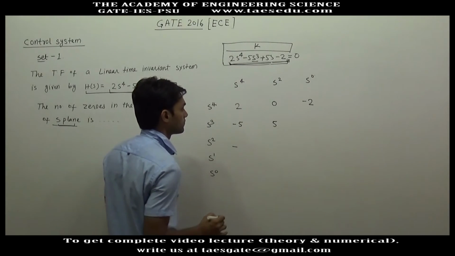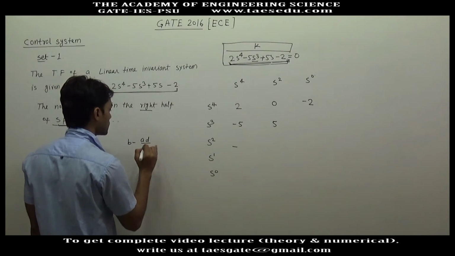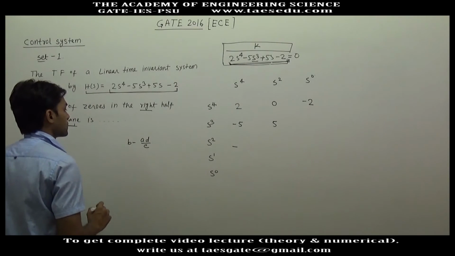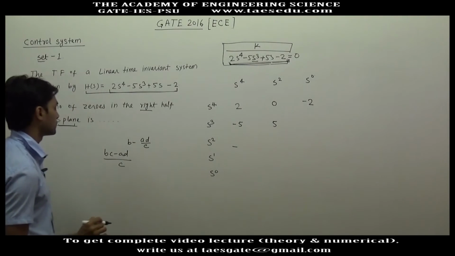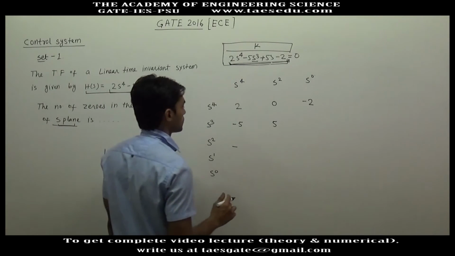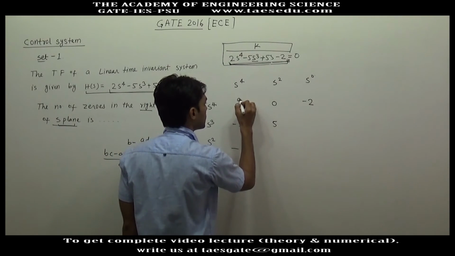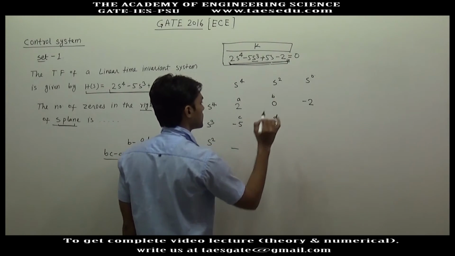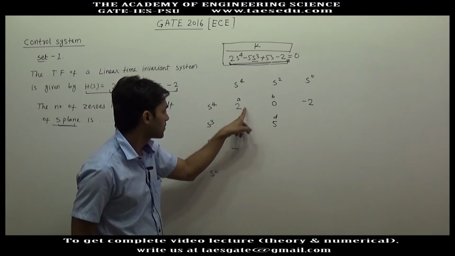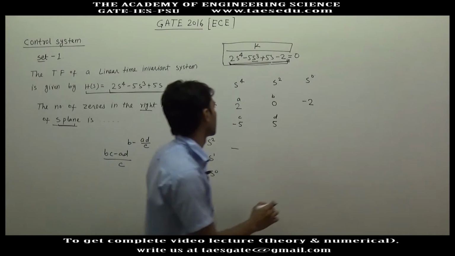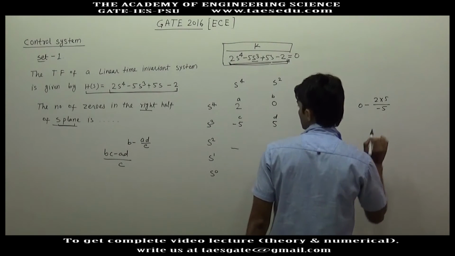Now here what we will have, this is calculated as B minus AD by C, or BC minus AD by C. So to find this element, this will be A, this is B, this is C and this is D, and we have to find B minus AD by C. 0 minus 10 divided by minus 5, 0 minus 2 into 5 divided by minus 5, this will give you 2.